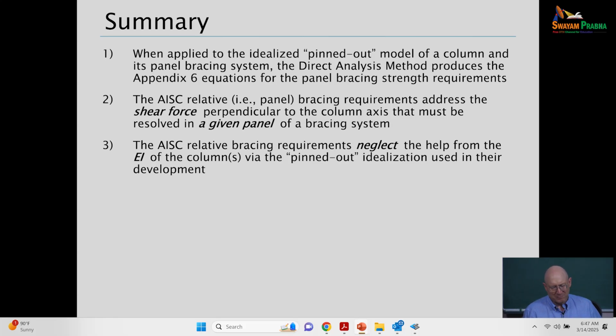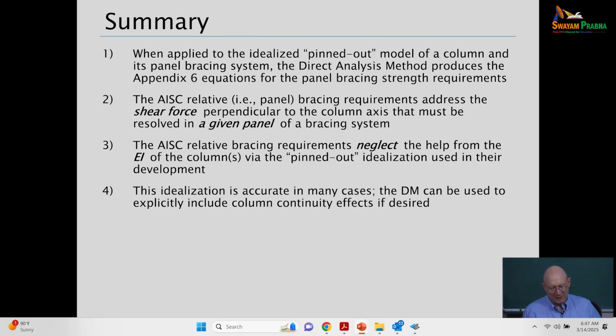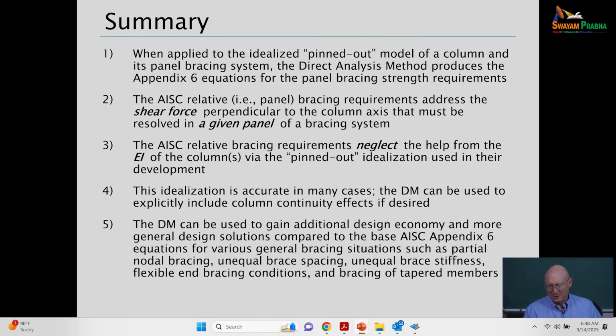Turns out that for panel bracing, the rigidity of the columns really doesn't typically offer much of a change. But if we analyzed with that, we get situations that justify the use of 0.005 rather than 0.004 of PU for the brace force requirement. This is a reasonable idealization in many cases.